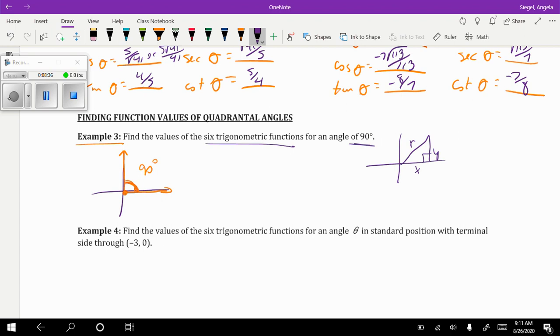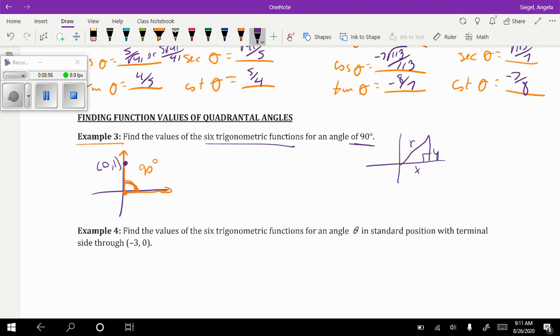So what you're going to do is just pick a point on that 90-degree line. And you can call it anything you want. I just keep with zeros and ones. So what is this point? Well, it could be 0, 1, it could be 0, 5, it could be 0, 100, but 0 and a positive number.